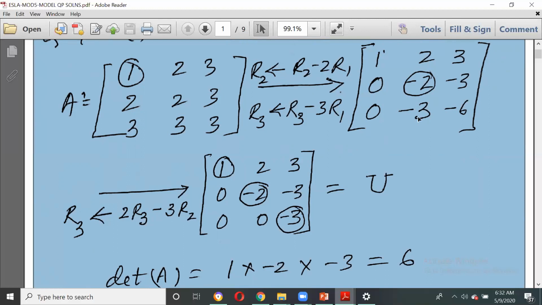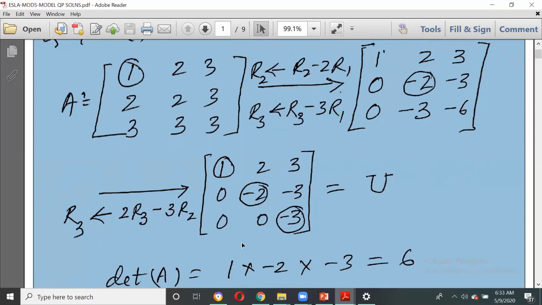So 2 into minus 3 will be minus 6, minus of 3 into minus 2 will become again minus 6. So minus 6 minus of minus 6 will be 0. Then next, minus 6 into 2, that will be minus 12. Minus of 3 into 3, that will be 3 into minus 3, which is plus 9. So minus 12 plus 9 will give minus 3.